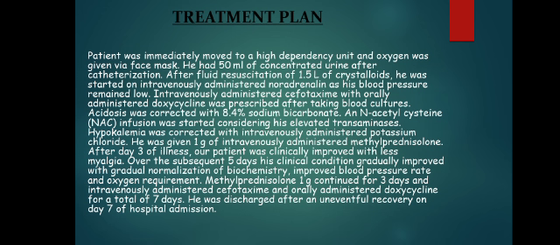Intravenous cefotaxime and oral doxycycline were prescribed after taking blood cultures. Acidosis was corrected with 8.4% sodium bicarbonate and an N-acetyl cysteine, NAC, infusion was started considering his elevated transaminases.